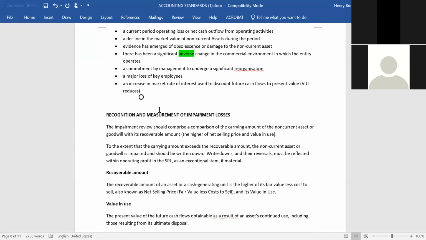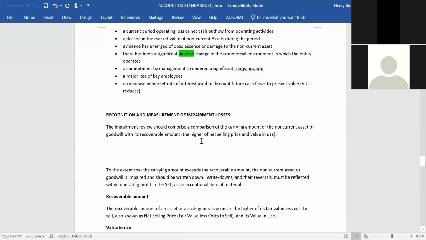Now, if we are testing for impairment, it should affect the overall asset class, right? The impairment review should comprise a comparison of the carrying amount of the non-current assets or the goodwill with its recoverable amount, which is the higher of the net selling price and the value in use. So, let me just create an instance over here.